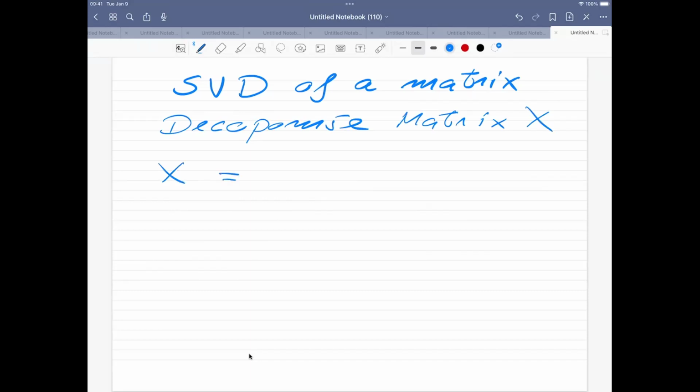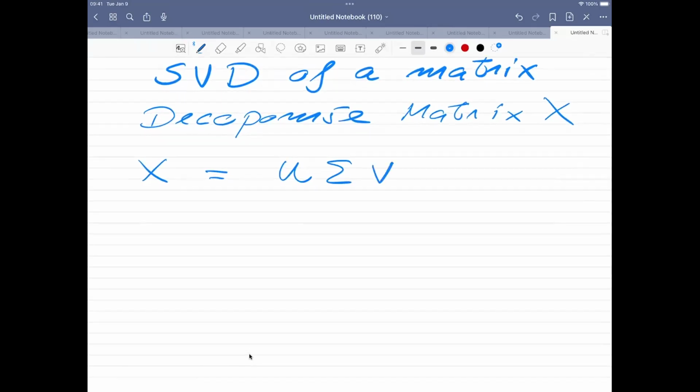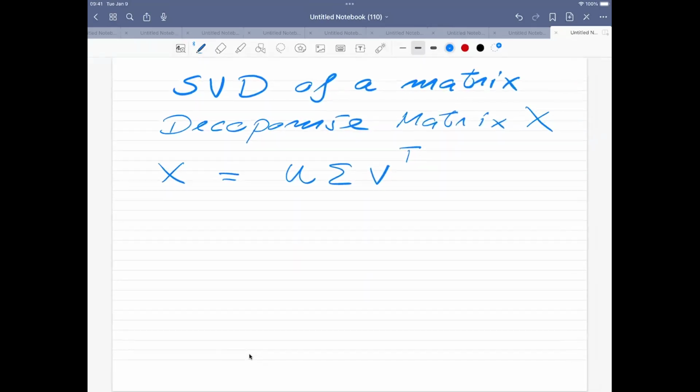There is a matrix U multiplied with a matrix sigma multiplied with the transpose of another matrix. Now X, as we said, doesn't need to be a square matrix. We assume that it's a real matrix of dimension n times p.